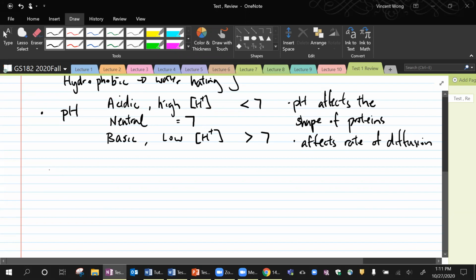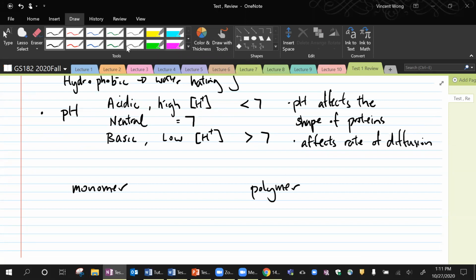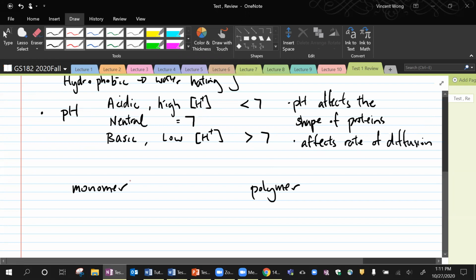The big thing about this unit is monomer and polymer. Based on our discussion, from monomer to polymer, we have to do dehydration synthesis.